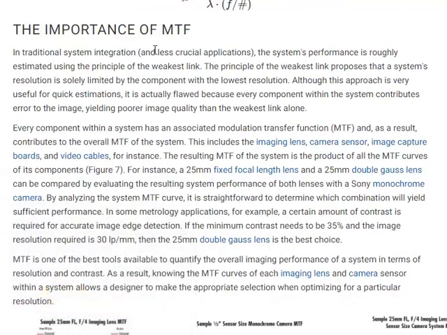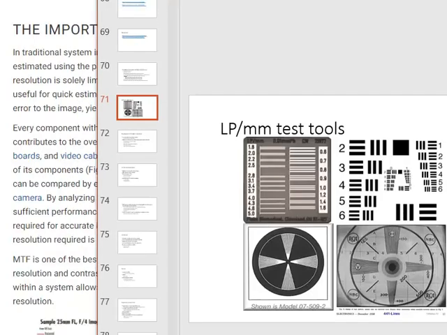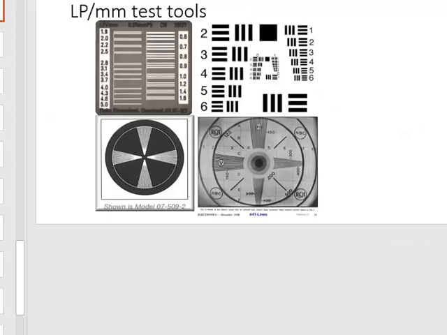So the importance of modulation transfer function is that when we're trying to resolve small items, the contrast of that item becomes even more important. So I'll bring this back over.